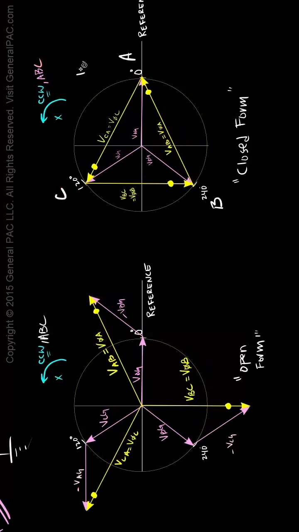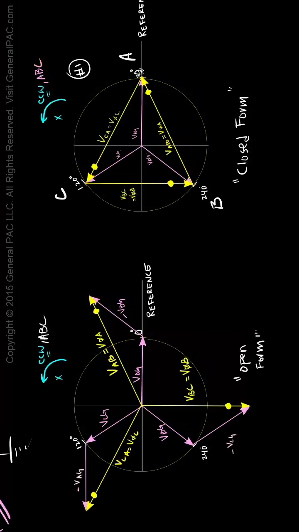The number one problem for the closed form phasor diagram is that the shape of the triangle makes us mentally think that the triangle represents the line-to-ground A, B, and C voltage of the power system. And we clearly see that is not the case.